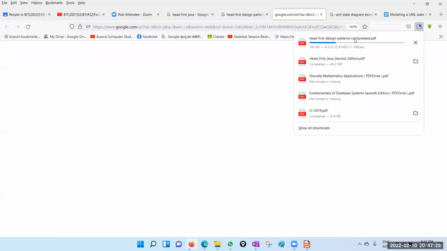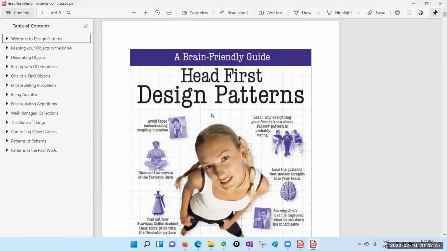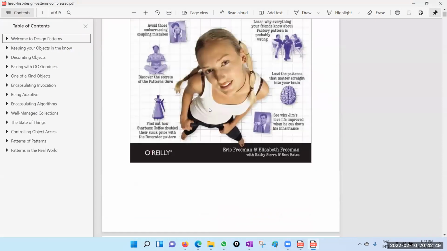Let me open and show you. This is for those who want to go into the industry and do some serious stuff, not those just eyeing a degree certificate. So this is the Head First Design Patterns book.